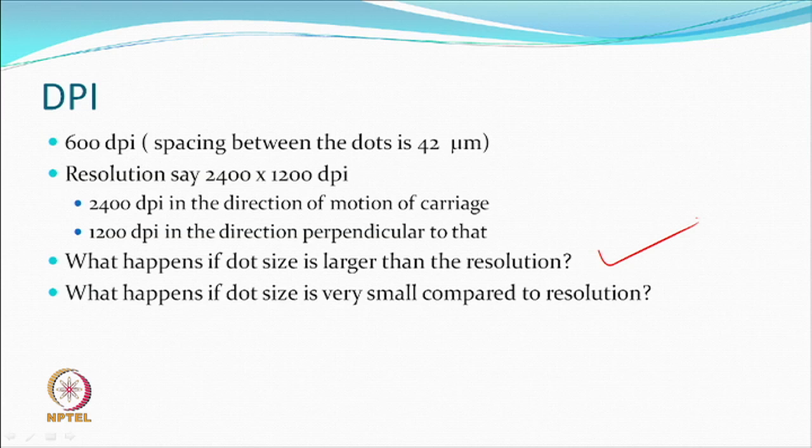What happens if the drop size is very small compared to the resolution? It is there, but very small. So, there is a matrix and let us say in the center very small dots are there. What you will see is a different thing.